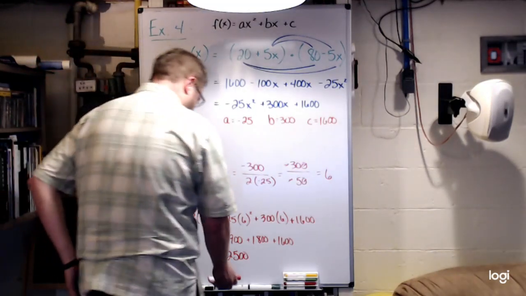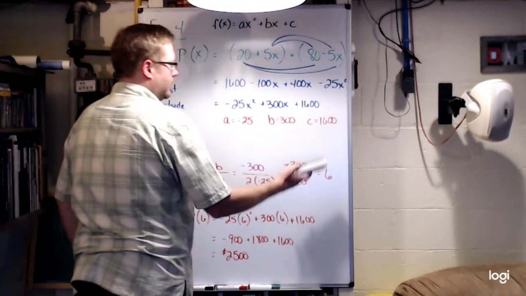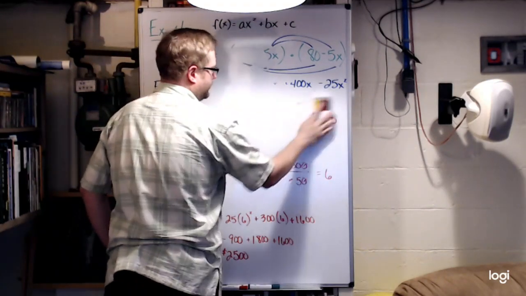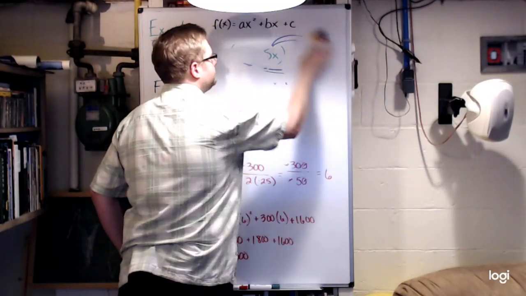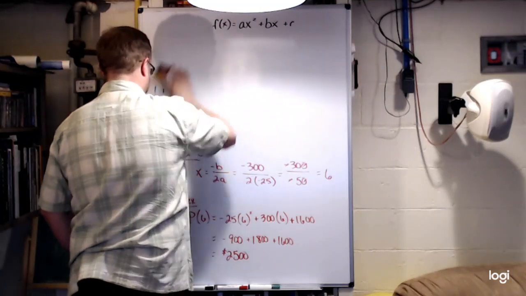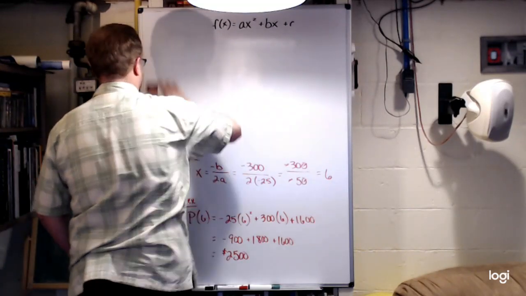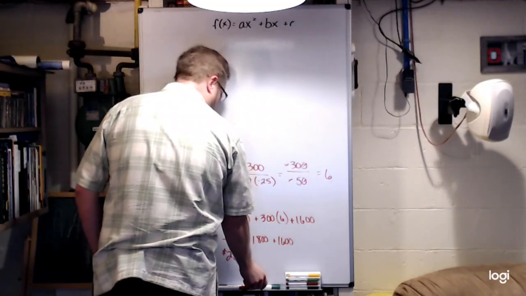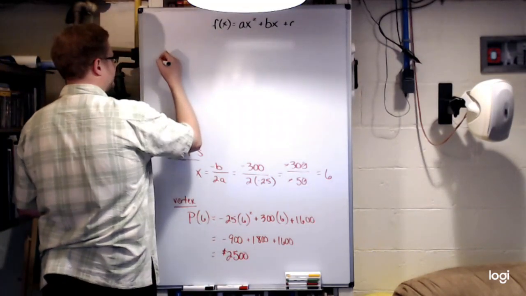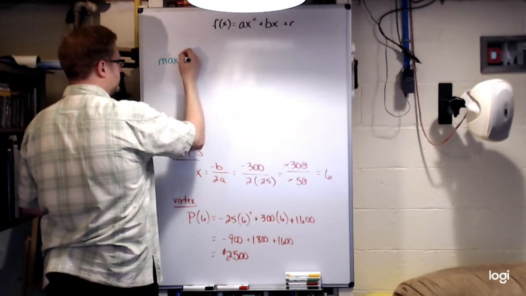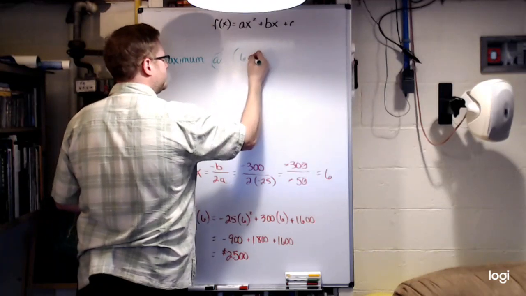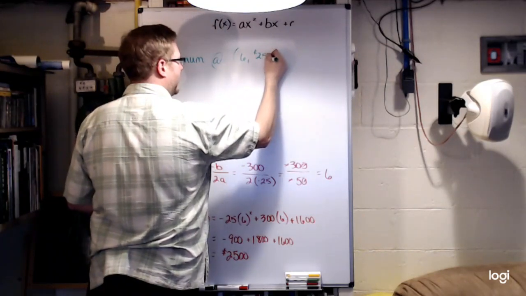So let's translate that into some words. I'll write that up here. I'm going to go ahead and erase this, just so we can write into words what we're talking about. So what does this all mean? It means, in this case, there's a maximum at 6, and that gives us 2,500.